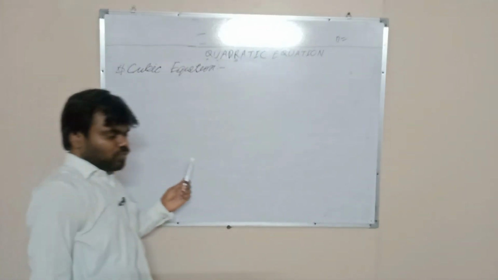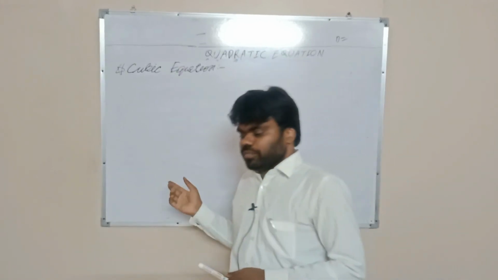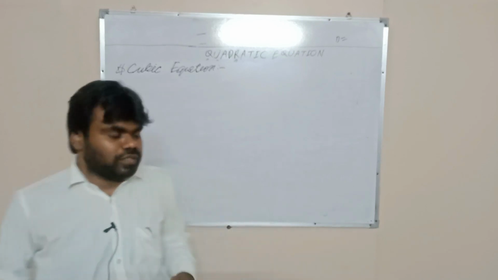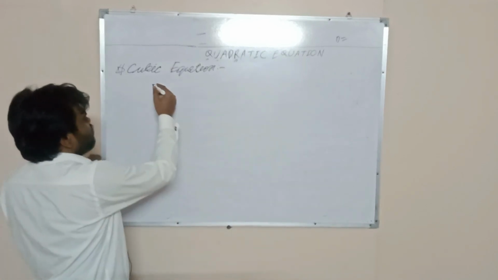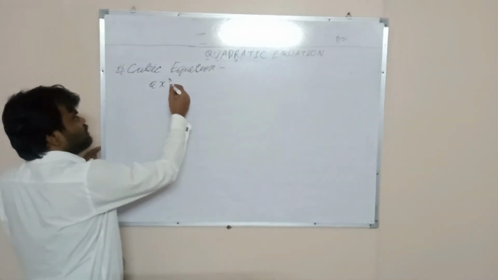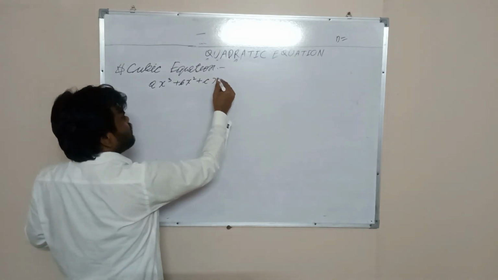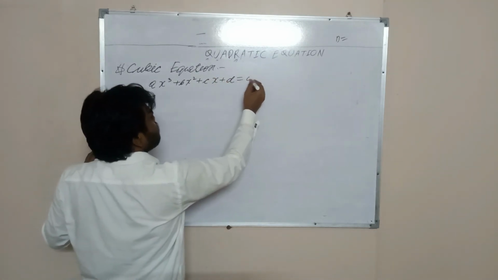This is not a part of quadratics, but it is also important because sometimes questions may be asked from this topic. Just for the sake of revision, it is similar to the quadratic: ax cube plus bx square plus cx plus d is equal to 0.